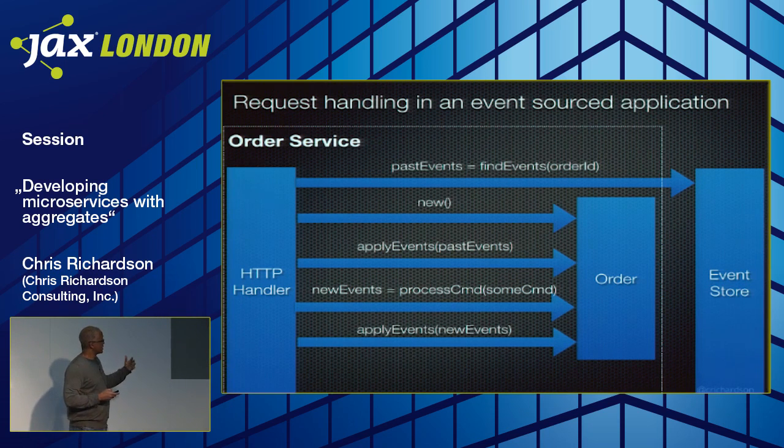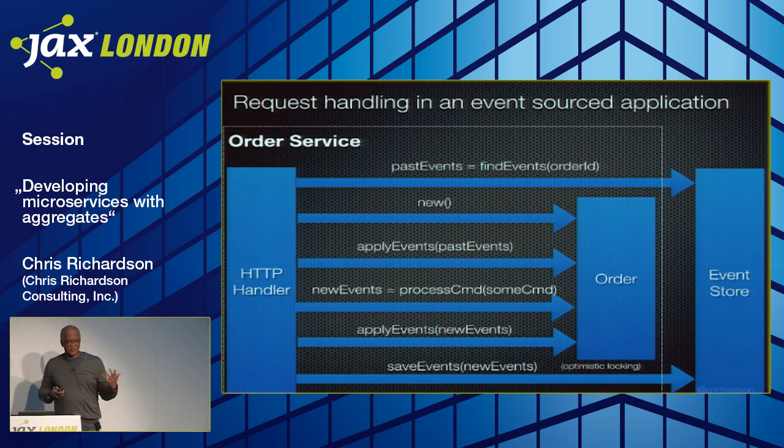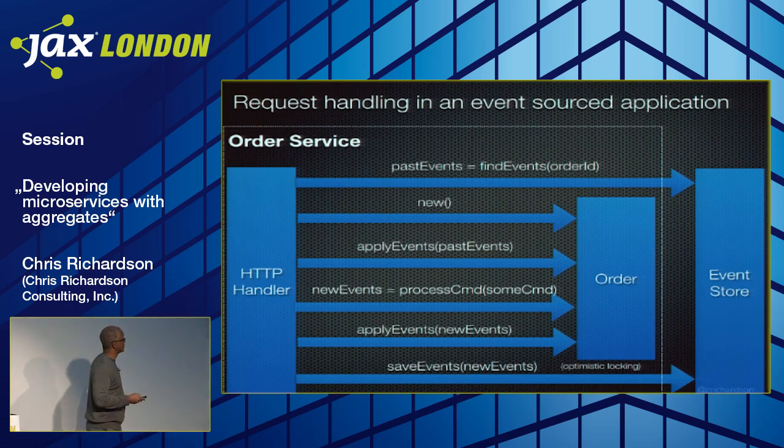That gives you new events, which you then apply by calling apply again. And then you save those new events in the event store, which would insert them into the event table. And that would actually be done with optimistic locking so that you could handle the scenario where there are simultaneous attempts to update the same order.